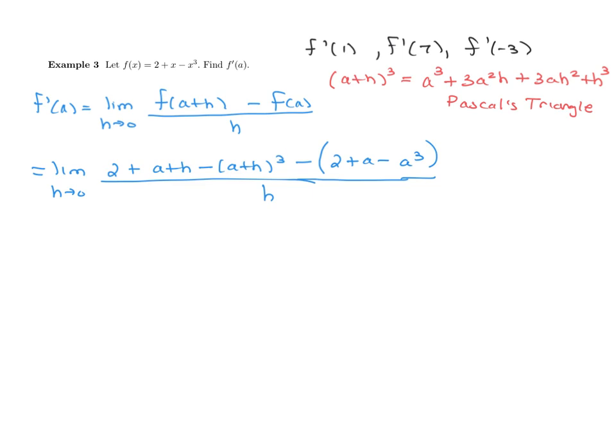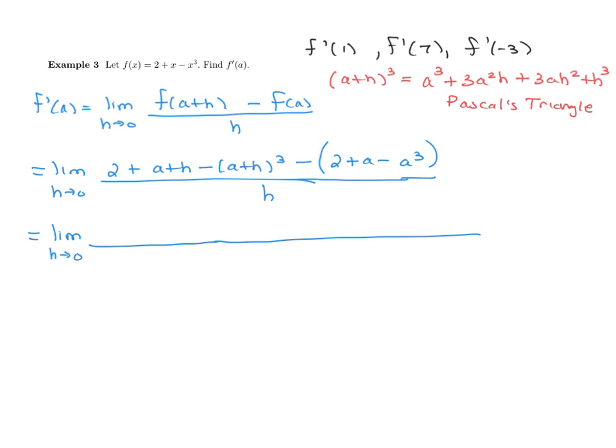In my next line, when I simplify, I'm looking at the limit as h goes to 0 of, and there's going to be a lot of stuff. But what I'm going to do is put down 2 plus a plus h, and I'm going to take this negative and distribute it to all of these terms. They'll all become negative. I'll also multiply this negative into the parentheses.